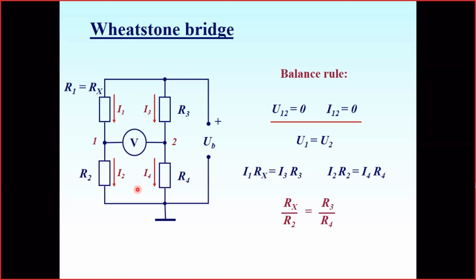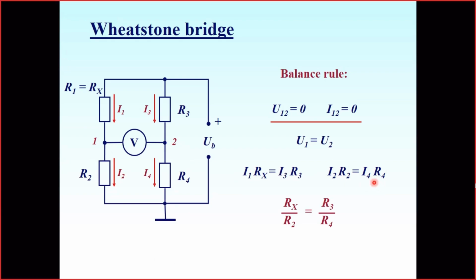If we have a current I2 that flows through the resistor R2 and a current I4 that flows through the resistor R4, the voltages over these resistors will be just current times resistance. So I2 R2 is the voltage over the resistor R2, and this is the voltage in point 1. I4 R4 is the voltage in point 2 here, and these voltages should be equal.